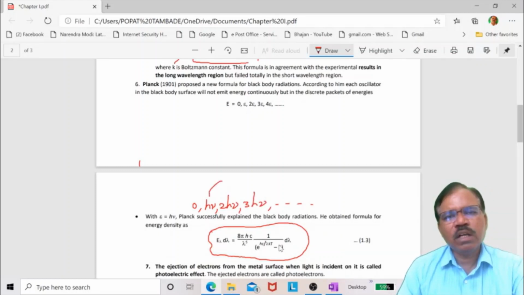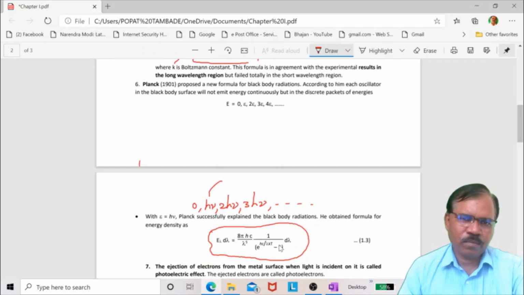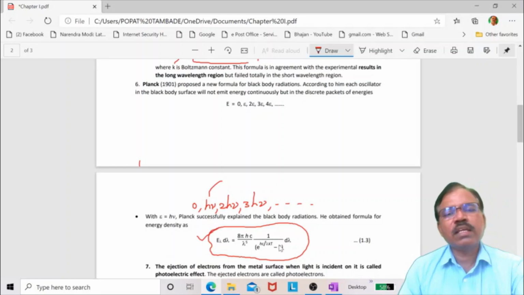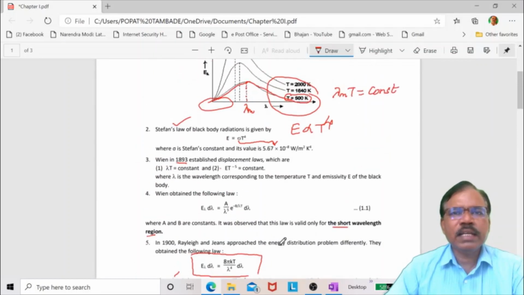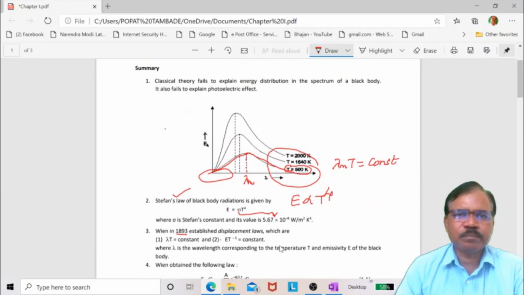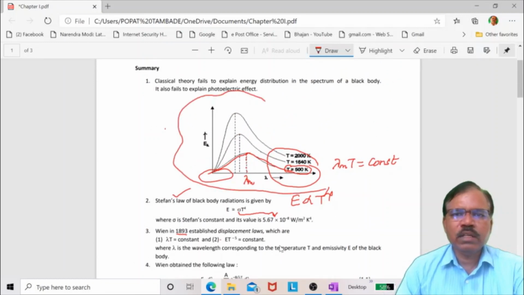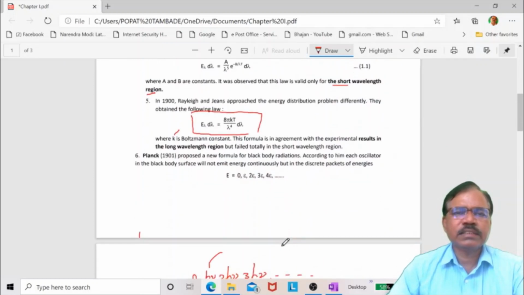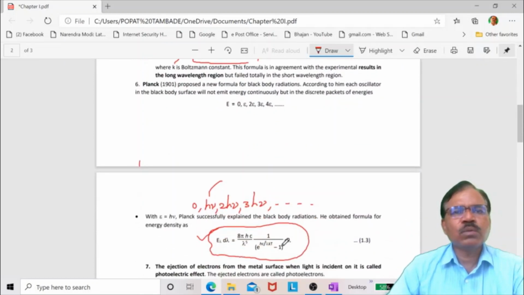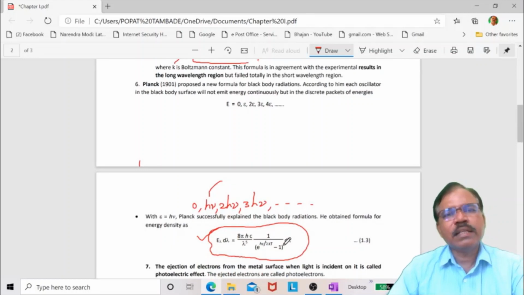This h is called Planck's constant, nu is called frequency. And the formula given by Planck completely explains this black body spectrum. So in order to explain black body radiation, Planck took a new approach, that is energy emitted in the form of small packets called photons.